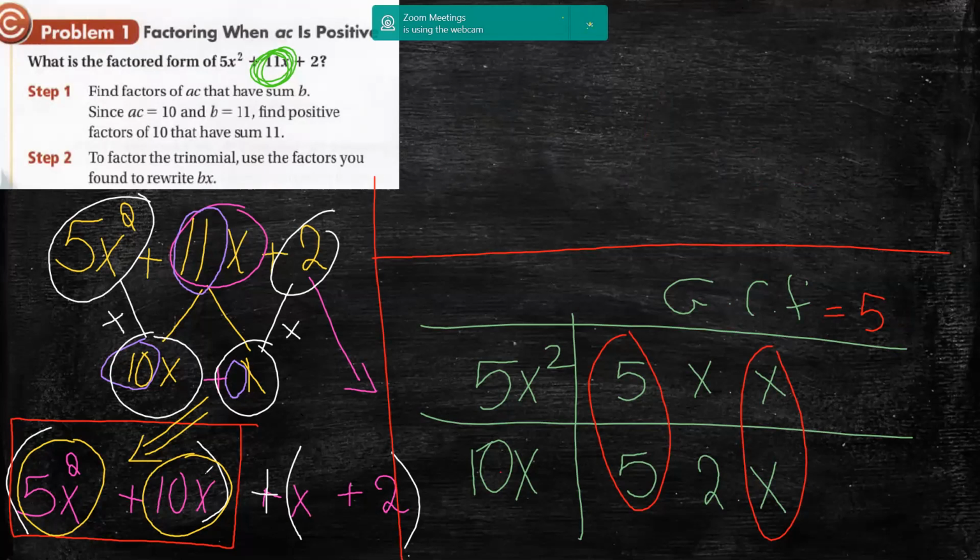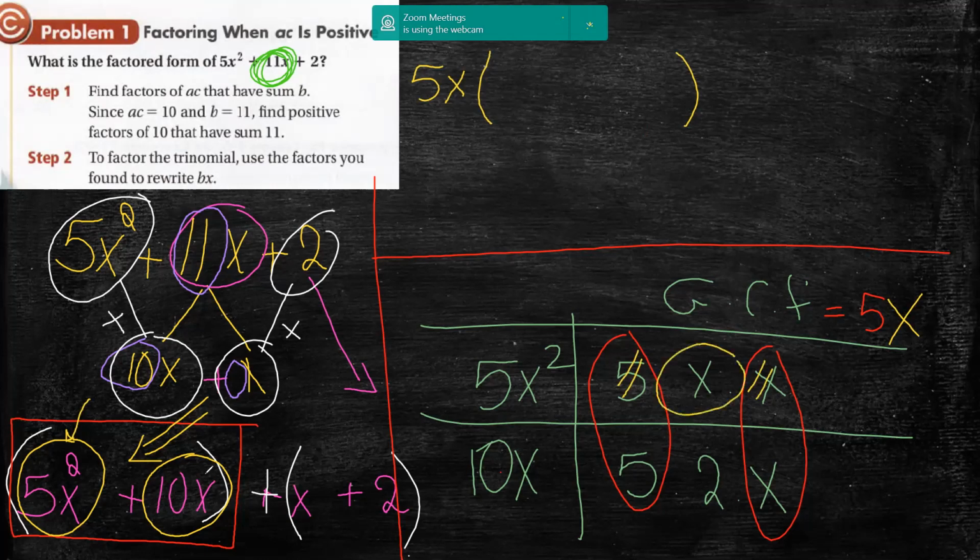After that, we said that the GCF here is 5x. So write 5x times. Look at the first trinomial here. It was 5x squared. If you remove the 5 and the x from the 5x squared, what will you get?